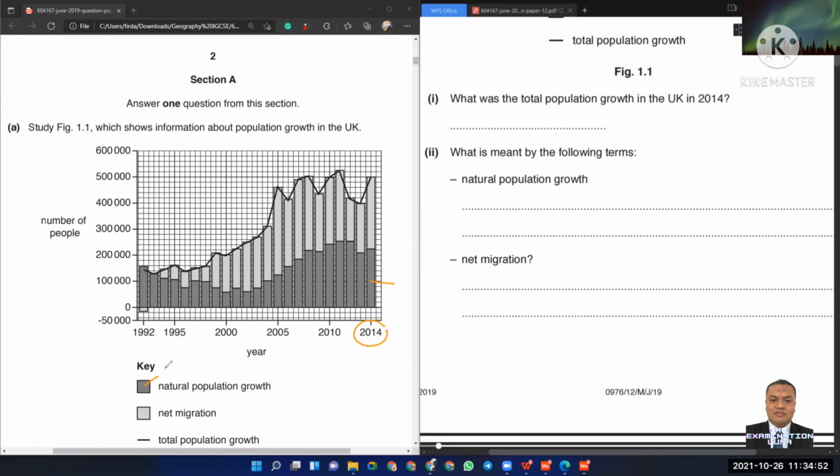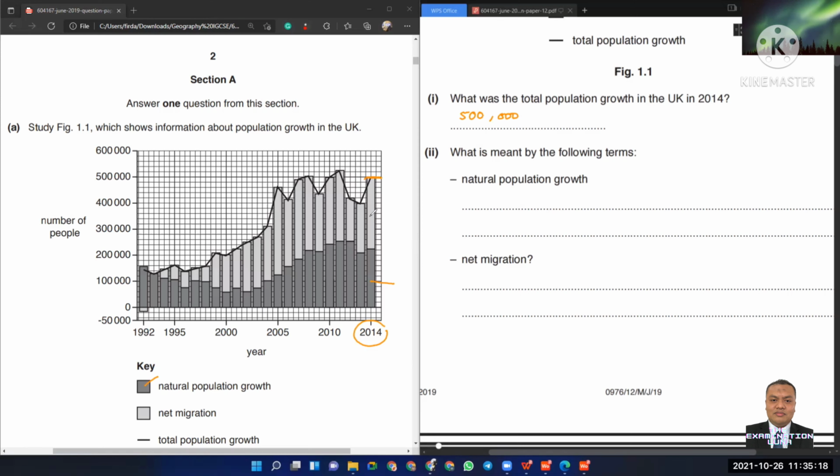Net migration means it is already calculated. Okay, so the net migration here is total with the natural population growth, you dapat 500,000. So 500,000 is the total population growth in UK. Bermaksud ini adalah number populasi yang berkembang di UK pada tahun 2014.